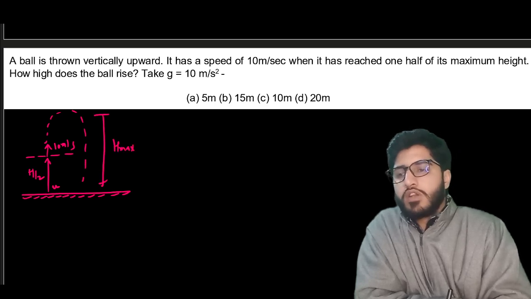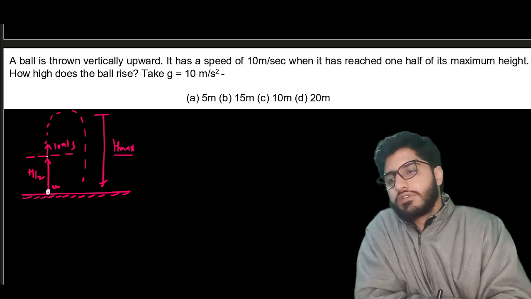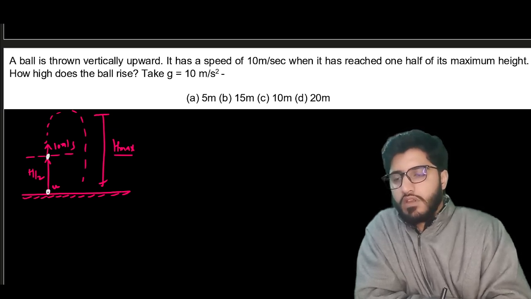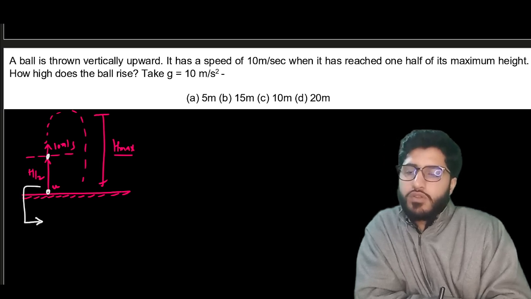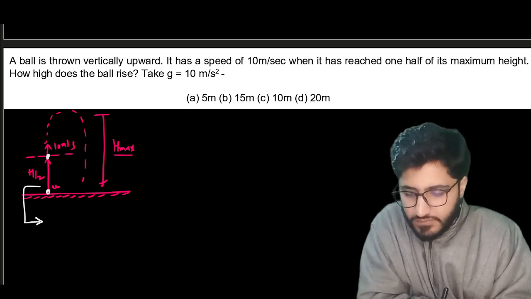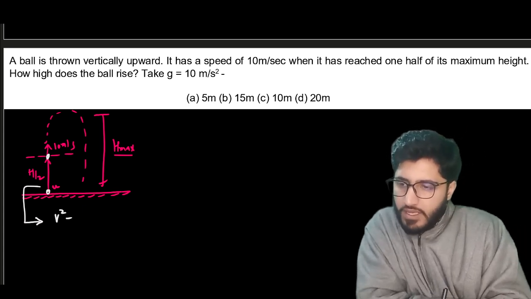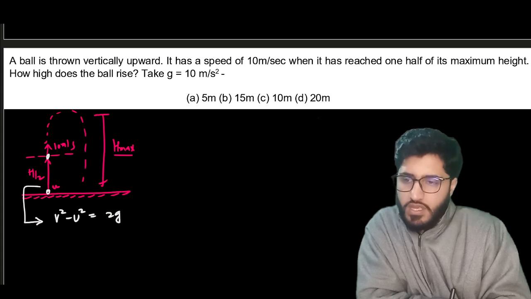We have to find out how high, h max. First of all, I will use the equation from this point to this point. I can write v square minus u square equals 2gh, where h is going to be h by 2.